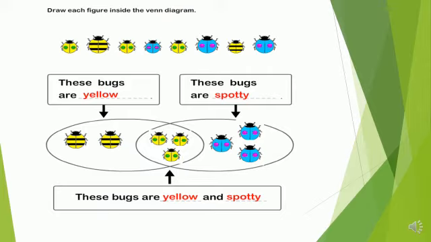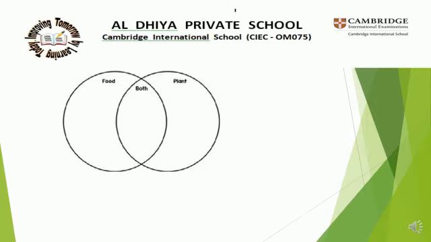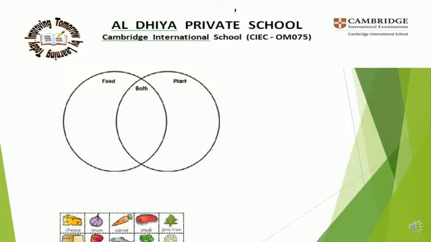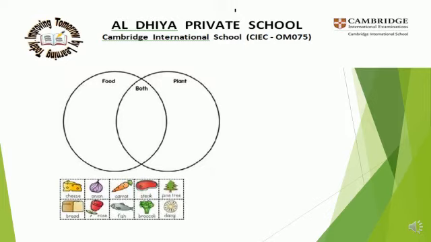Okay. Next example. This is the Venn diagram. The first circle is food. The next circle is plant. In the middle, we have to write both. They have given this data. What is data?